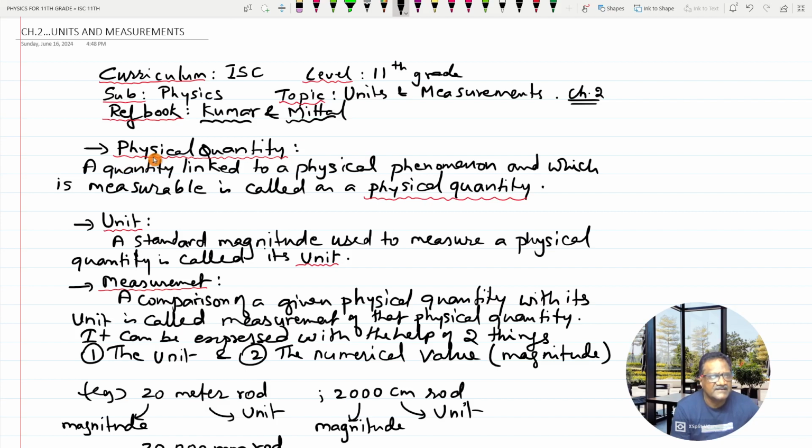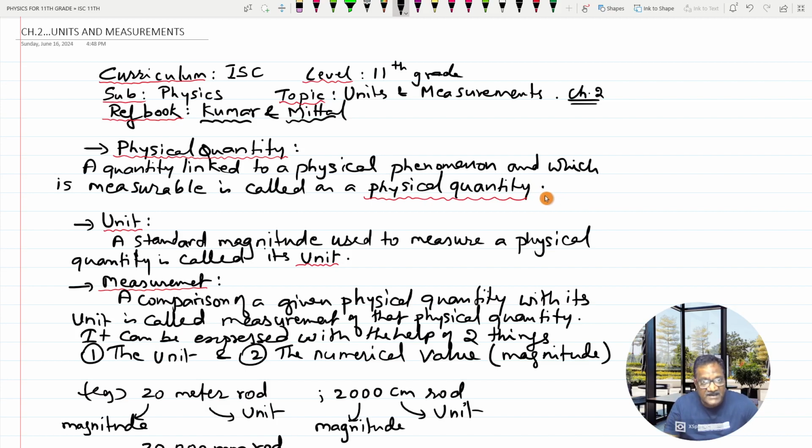On the screen, you can see that physical quantity I have already defined as a quantity linked to a physical phenomenon and which is measurable is called a physical quantity. So any physical quantity is something which should be measurable, very important, and it should be linked to some physical phenomenon. For example, intensity of light is a physical quantity.